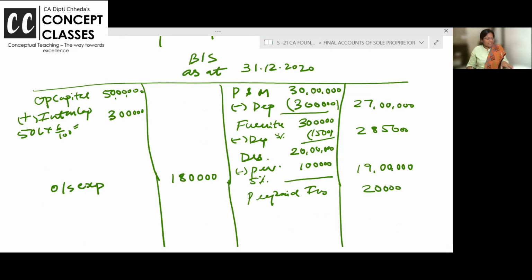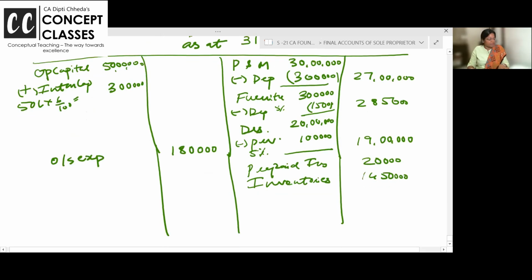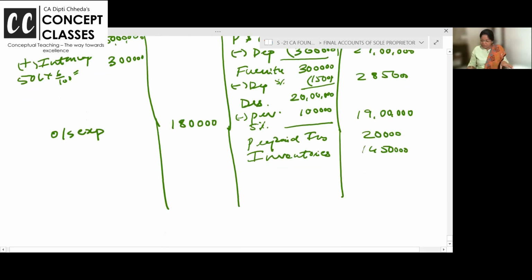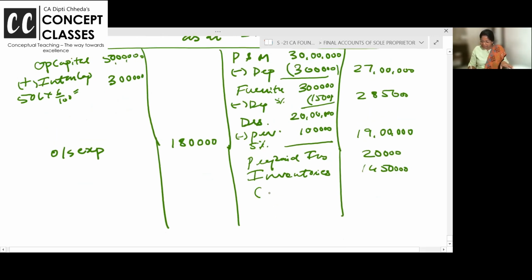Current assets and current liabilities: inventories, as it is, you write down. Inventories or stock, 14,50,000. Trade receivables, so you know. Cash, you know, 10,35,000.